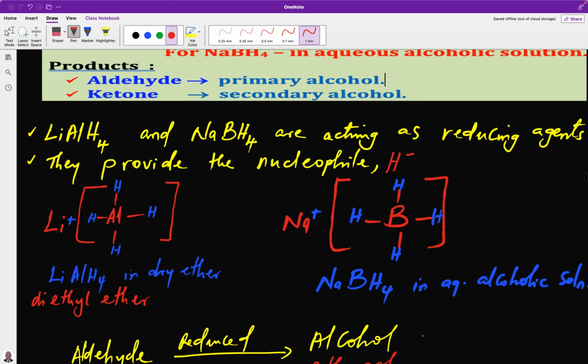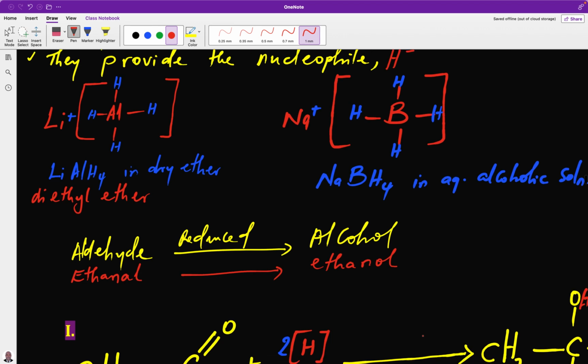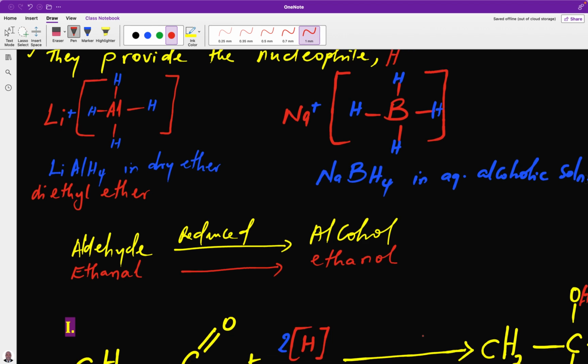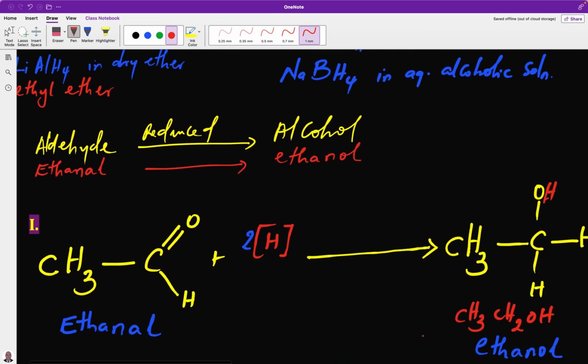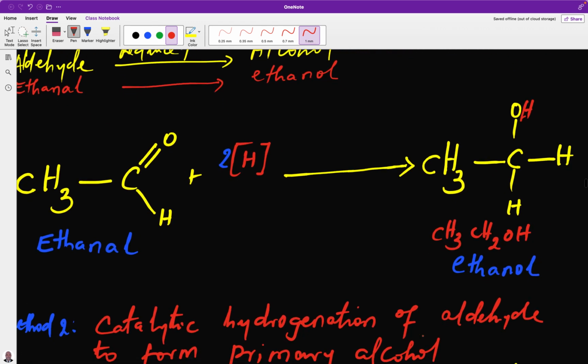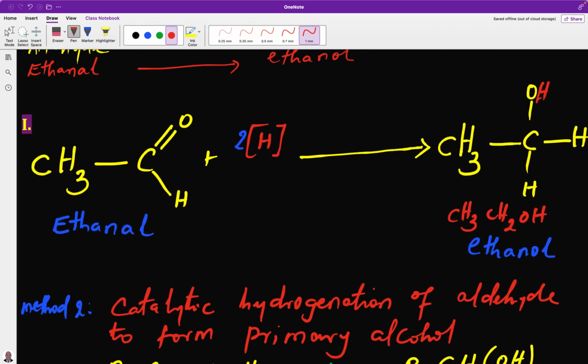So in preparing this, aldehyde will be reduced to alcohol using this reagent. And our first example was to use the ethanol that we got on the first occasion. By adding hydrogen there, we went back to ethanol.